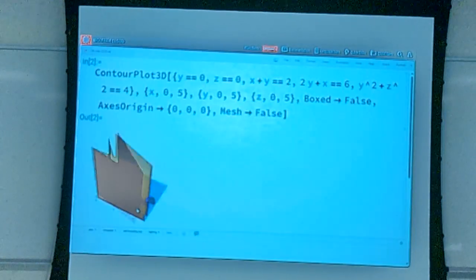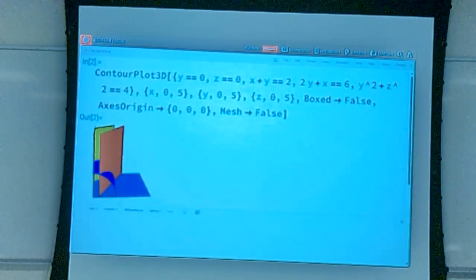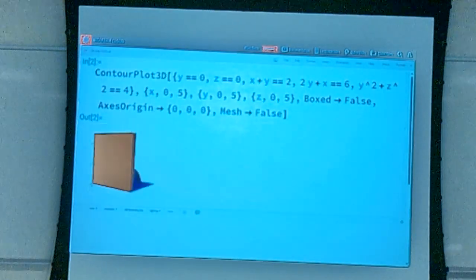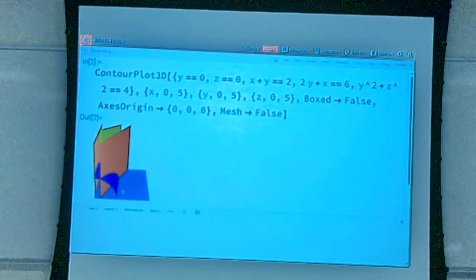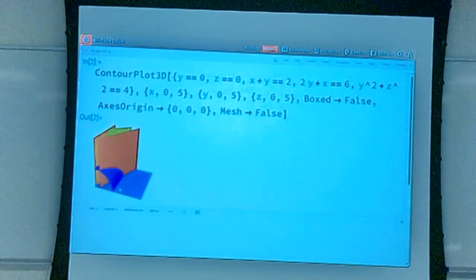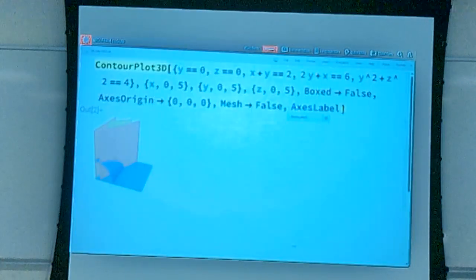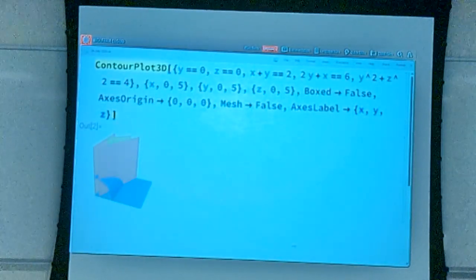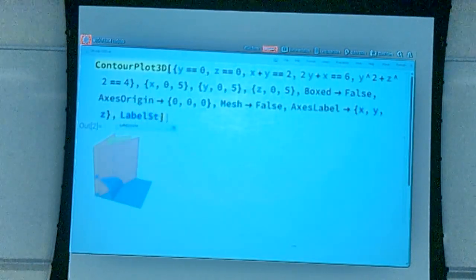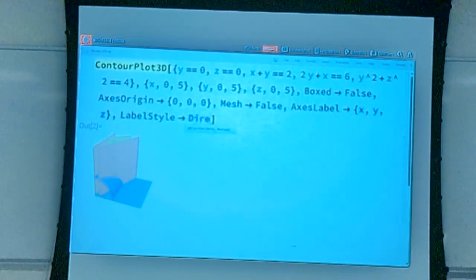But of course there's problems. What axis is what? We don't know, and sometimes the axes are kind of hard to see. So what we can do is set the axes label to X, Y, Z. Label style.